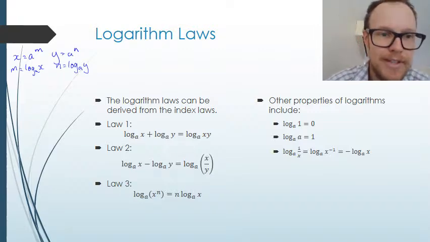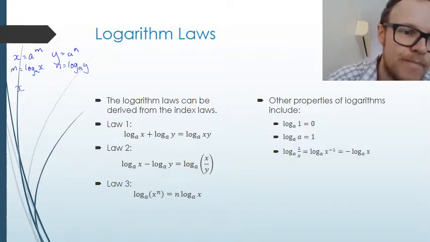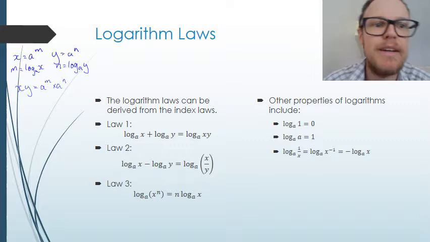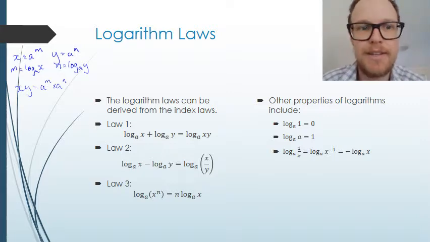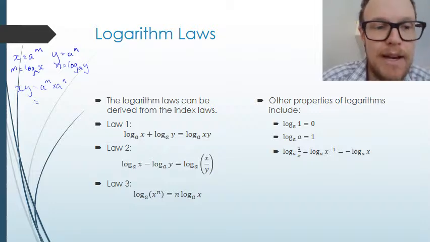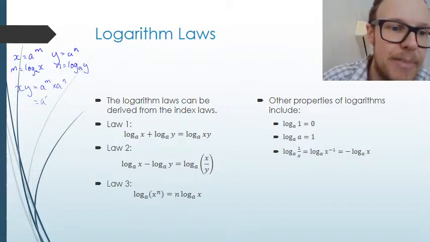Now, x times y is a to the power of m times a to the power of n, because that's what I've said x is, and that's what I've said y is. So using index law 1, that's the same as a to the power of m plus n.